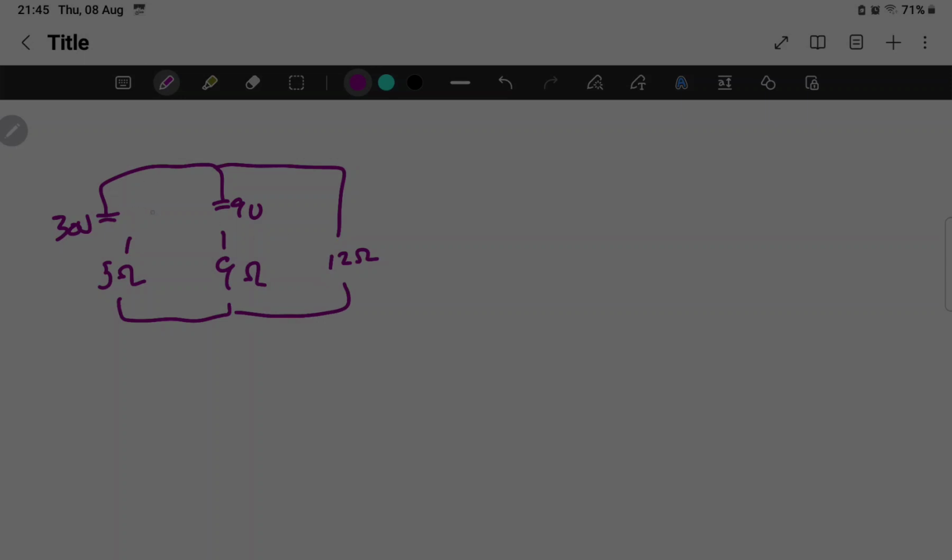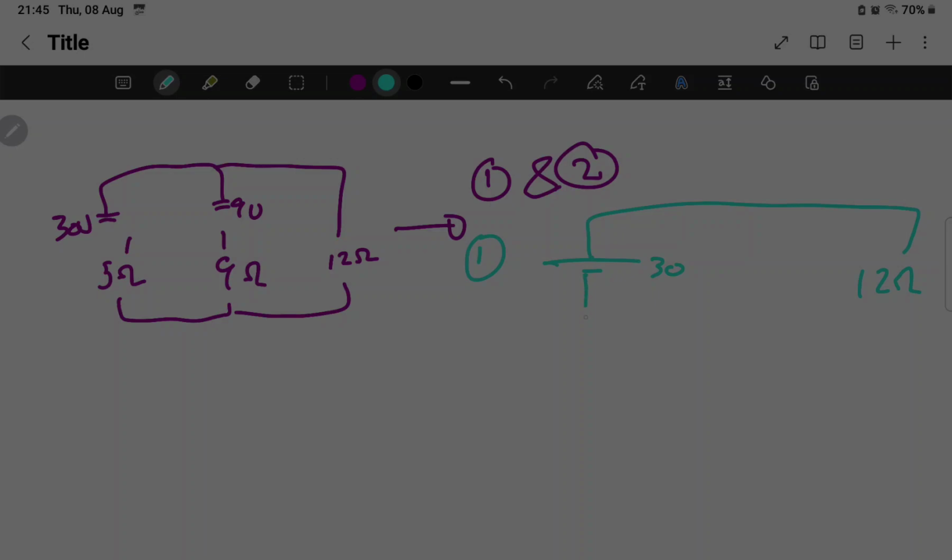And yeah, so what we're going to do is we have to get equation 1 and we have to get equation 2. That's basically Kirchhoff's law. So to get equation 1, I'll just use a different color. So we're going to break our circuit. We're going to have the 30 volts, and let's extend this line, we're going to have 12 ohms over here, and we're going to have 5 ohms over here.